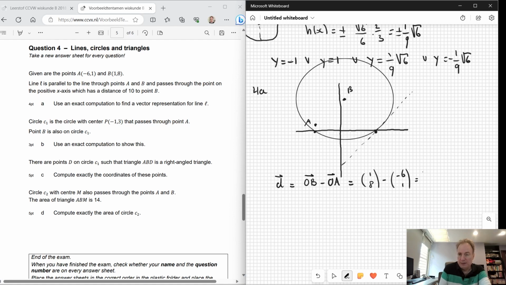So 7, 7. It actually corresponds with a slope of 1, because you go 7 to the right and then 7 up.